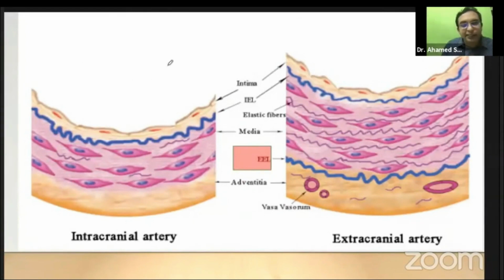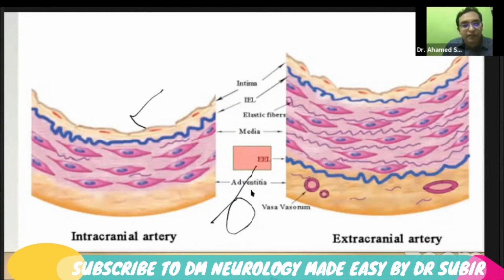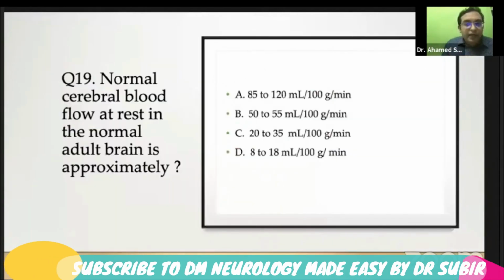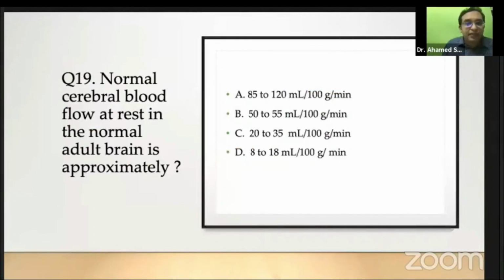Because slight shear stress or slight dissection-like thing will produce an aneurysm, that is an outpouching from the artery, which can further cause subarachnoid hemorrhage due to bleeding from the rupture of these arteries.